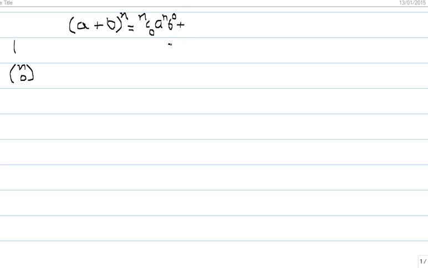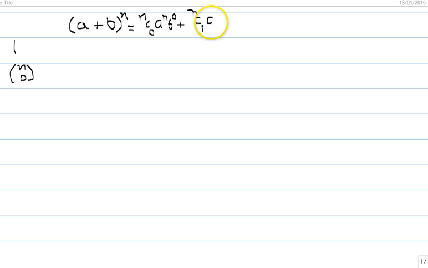Now when it is the first term, the subscript is equal to 0. So when we are going to take the second term, in the second term the subscript is going to be 1 less than the number of terms. So this will be nC1.